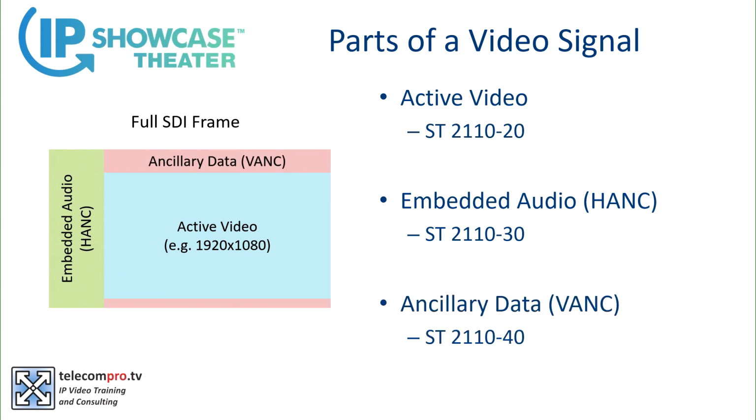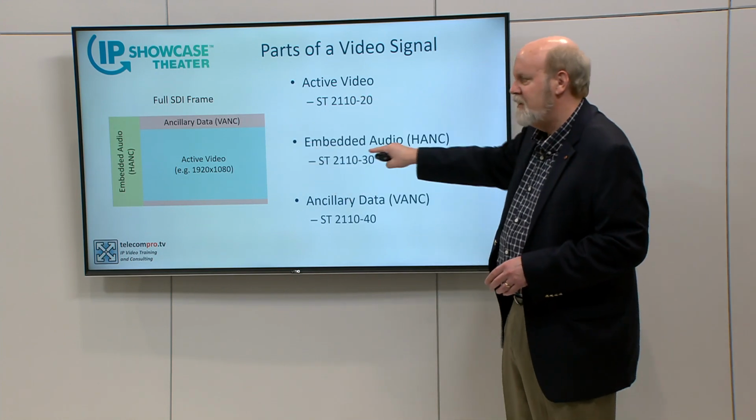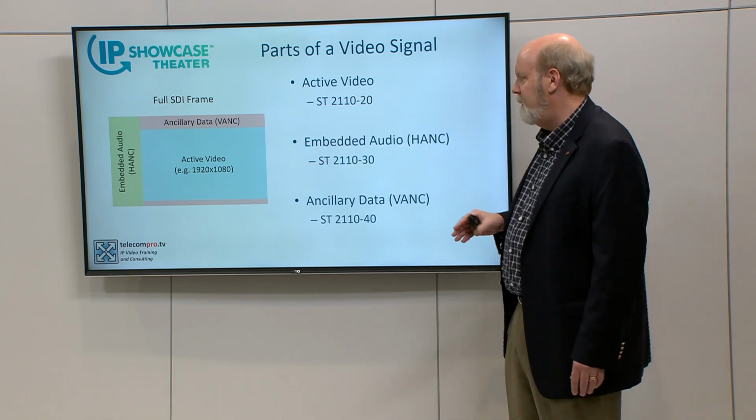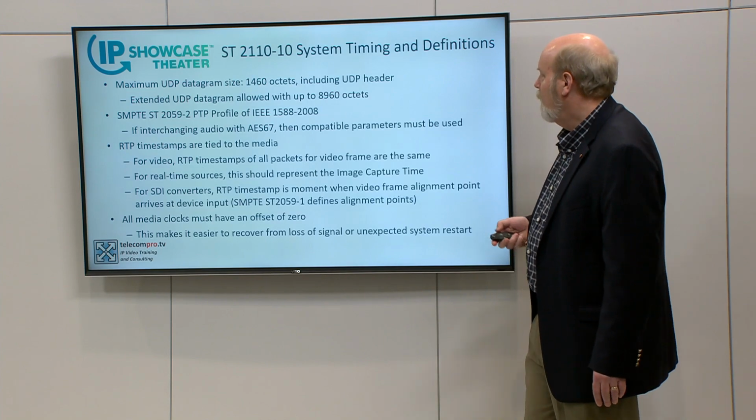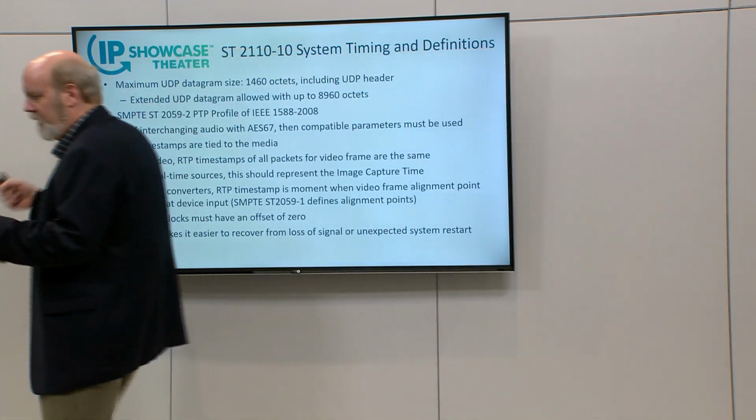And then we have our vertical ancillary data space, and that's for all of our other metadata: time code, format description, captions, ad triggers, all that good stuff. Each one of these different parts of that full SDI frame has its own standard for how it's going to be transported. So let's talk about 2110, which is the overall standard.